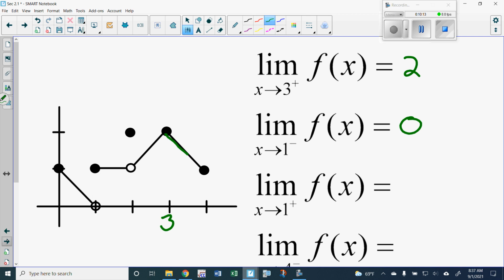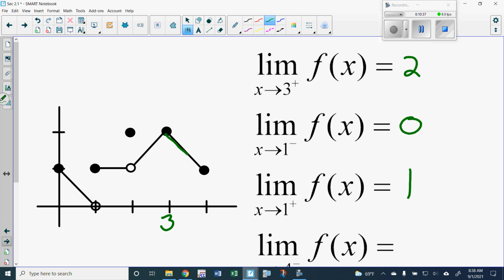So what is the limit of f of x as x approaches 1 from the right? From the right, it is 1. So you notice we can have the limit from the left and the right be different. Now consider 3. The limit from the right is 2.